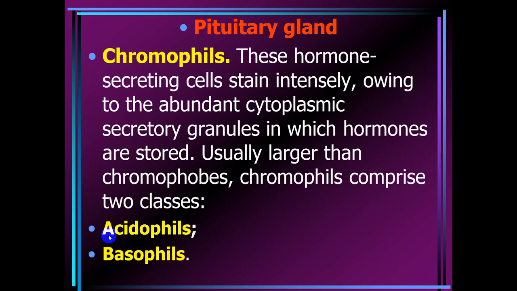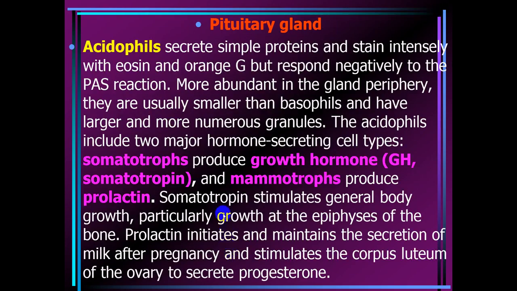And we can distinguish two classes of cells with granules: acidophils, cells which have pink or red granules in the cytoplasm, and basophils, cells which have blue colored granules in the cytoplasm.